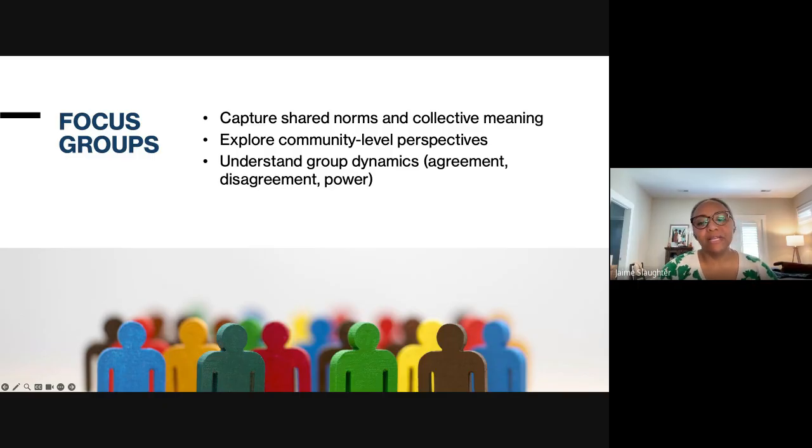But they may not be as great when you're focusing on sensitive topics. And sometimes it can be difficult to manage focus groups when there are dominant personalities.